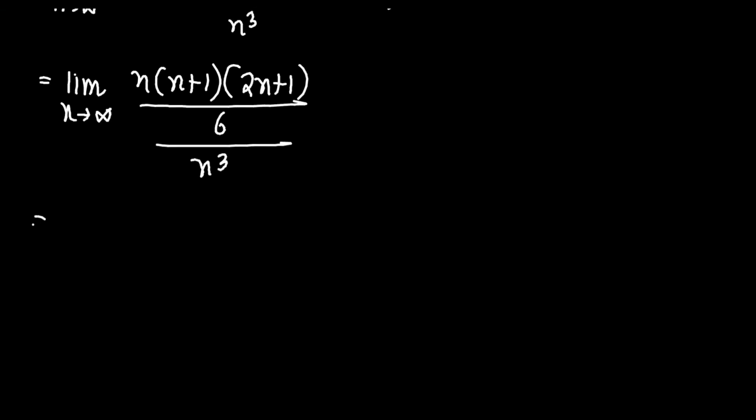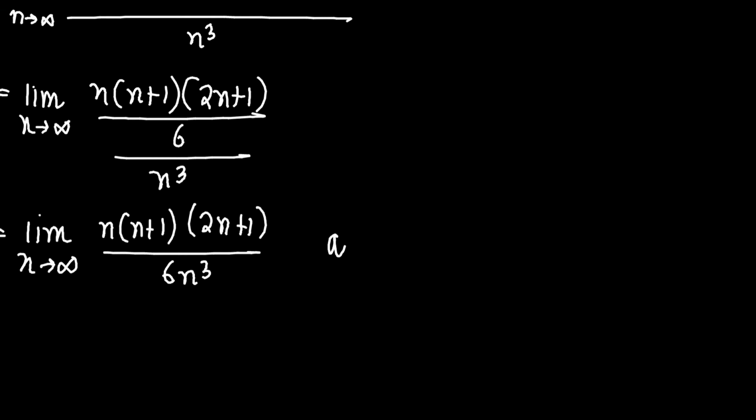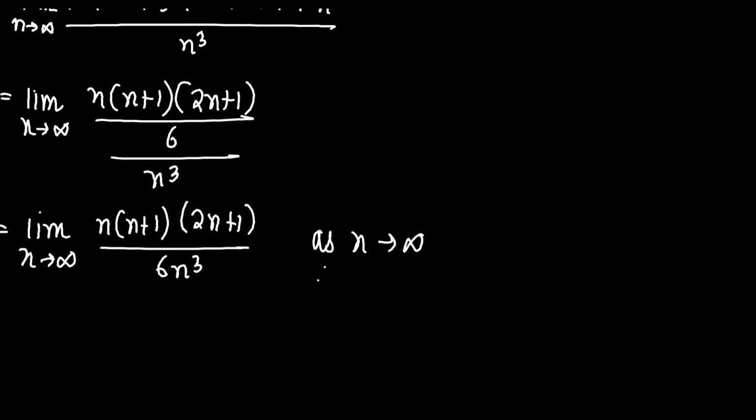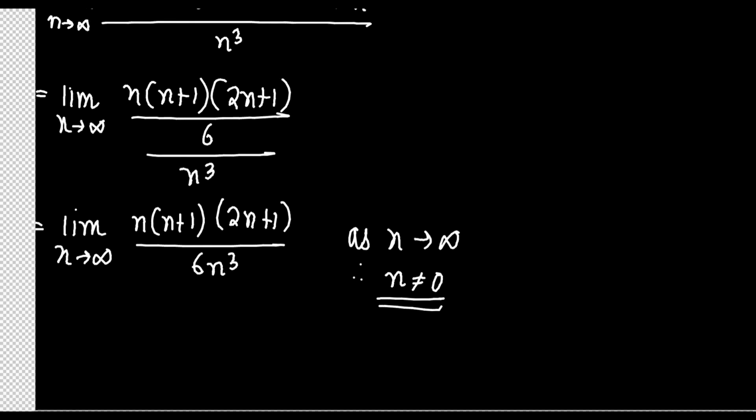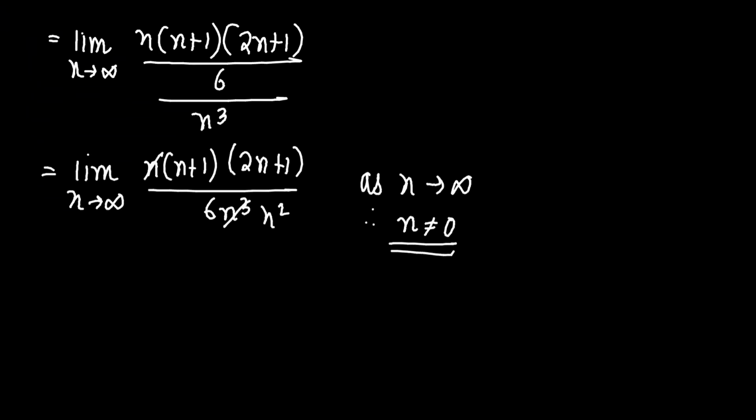Now in the next step, we can write limit n tends to infinity, n into n plus 1 into 2n plus 1 by 6n cube. Now you can see, as n is tending towards infinity, n is not equal to 0, and since n is not equal to 0, we can cancel out one n, so it is n square.